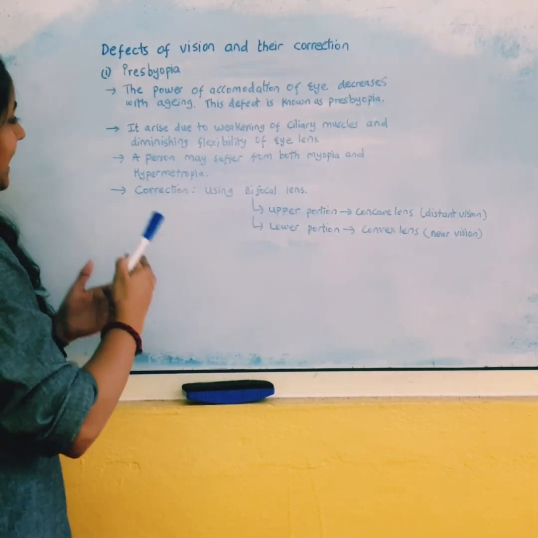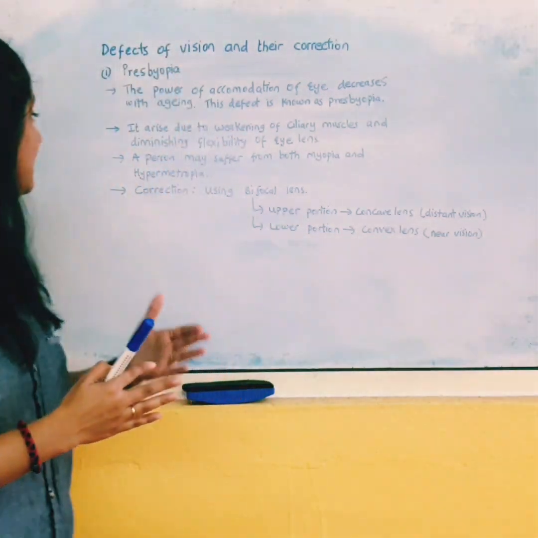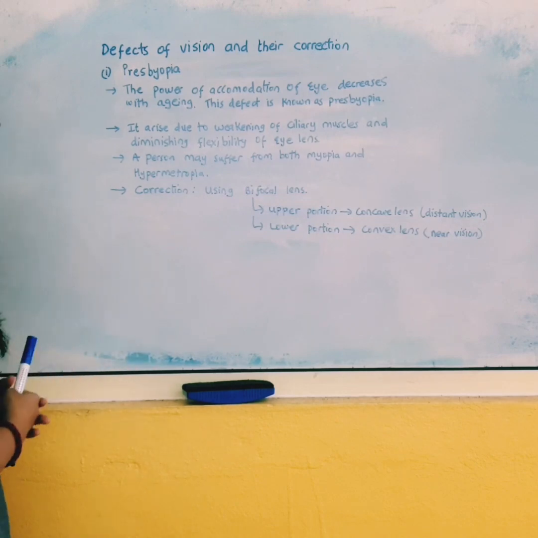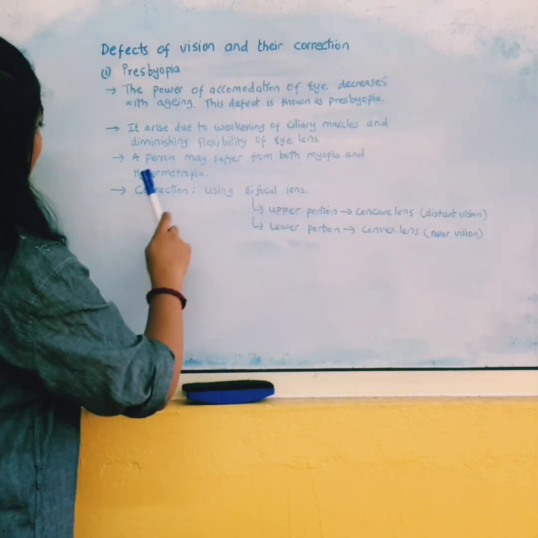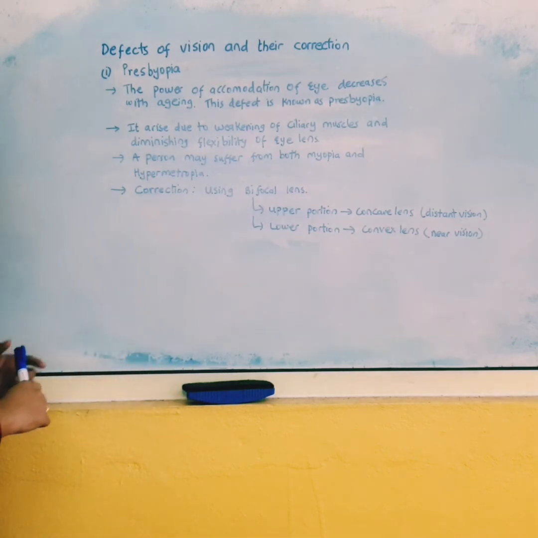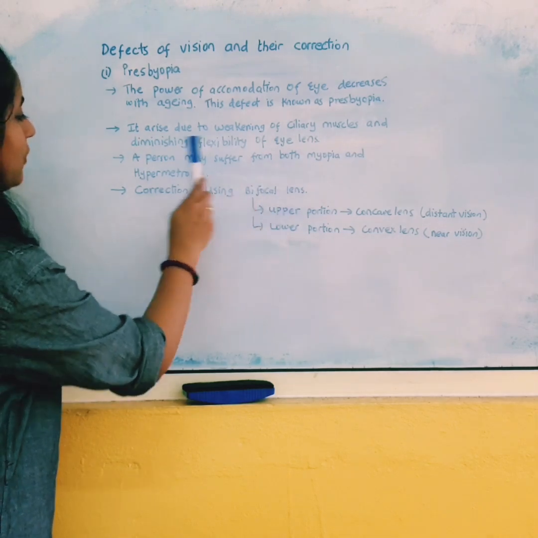A person may suffer from both myopia and hypermetropia. For presbyopia, the correction is using a bifocal lens.